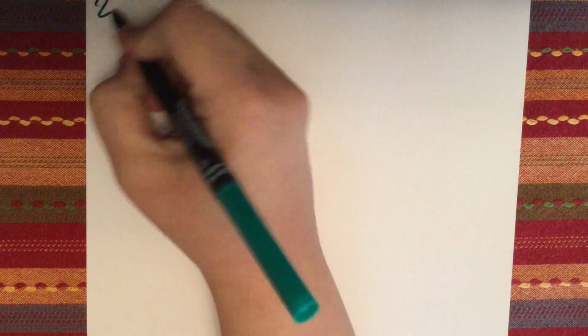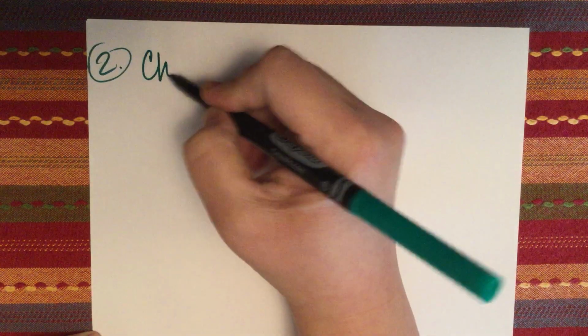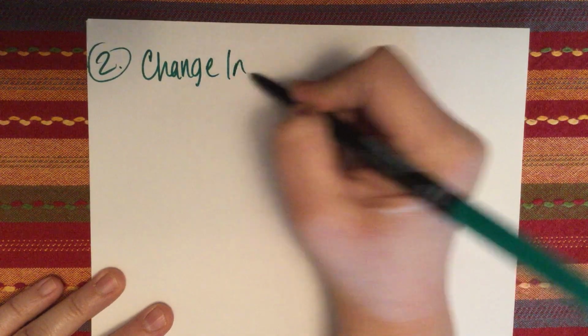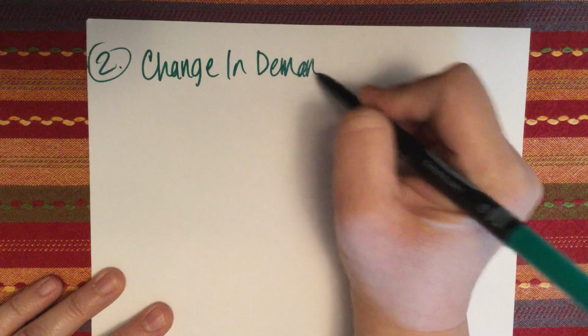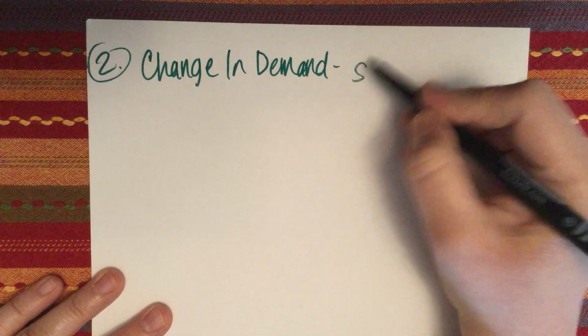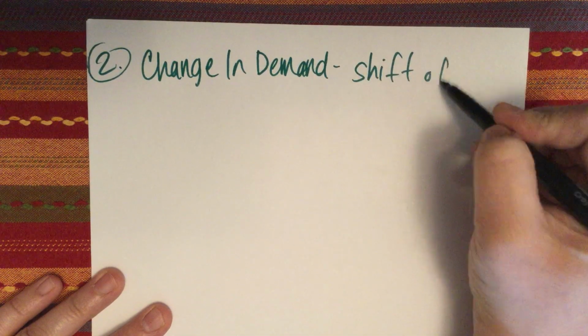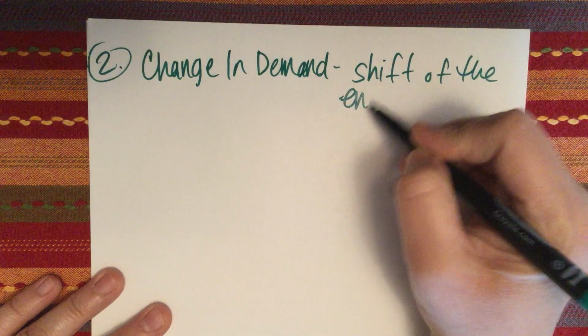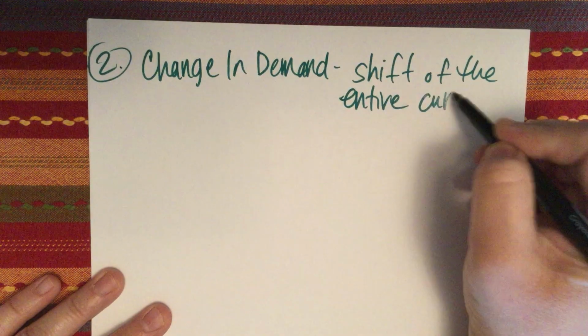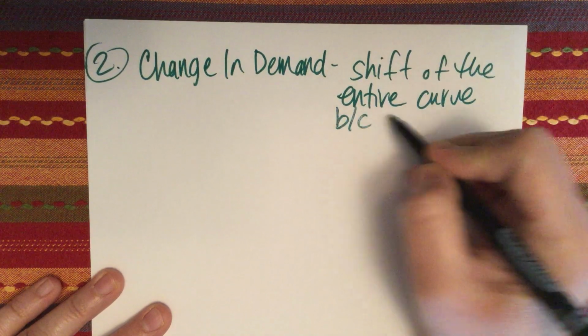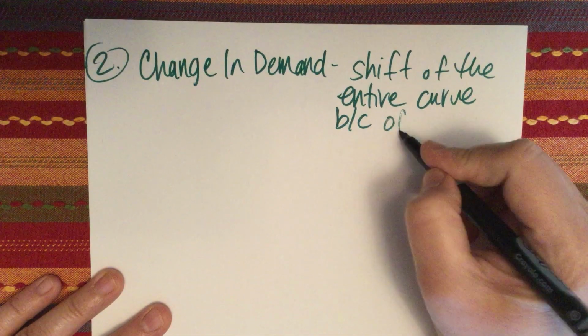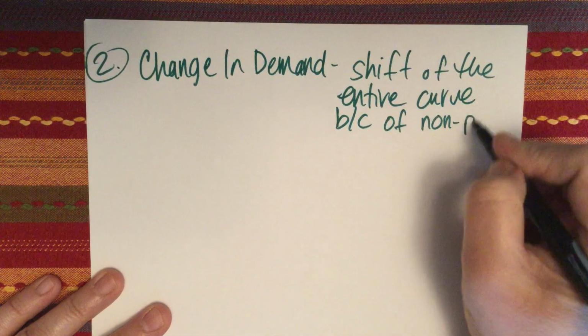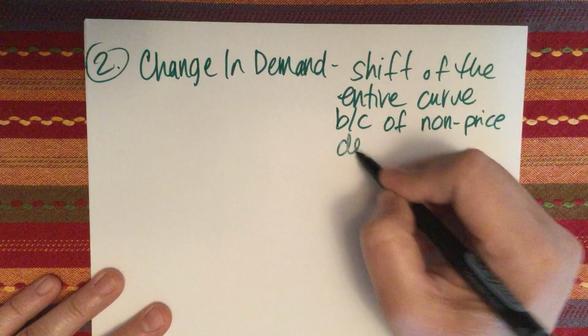So the second way, number 2, is a change in the actual demand curve, okay? So this is a shift of the entire curve because of some non-price determinant.